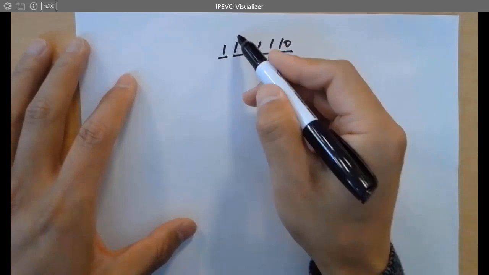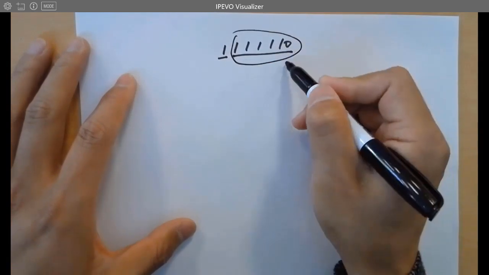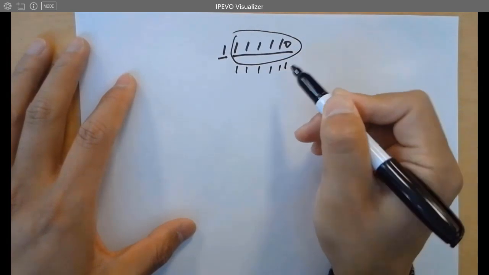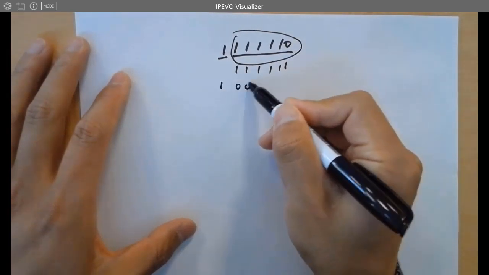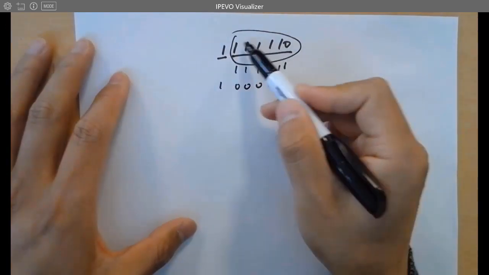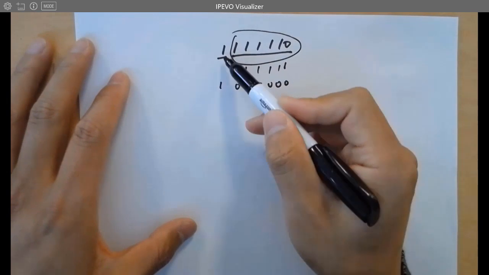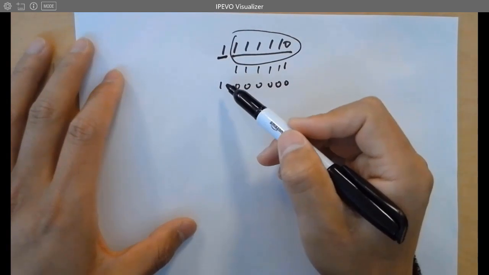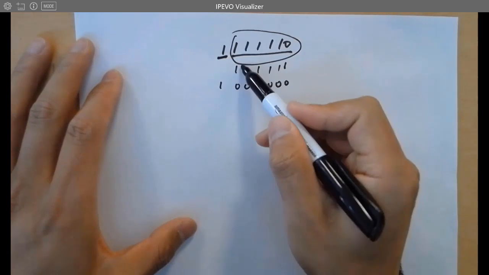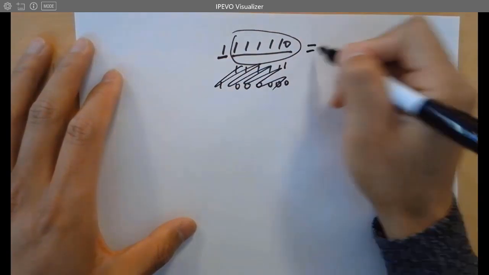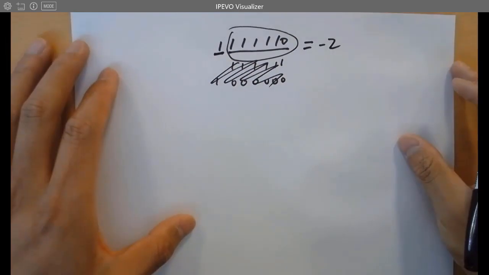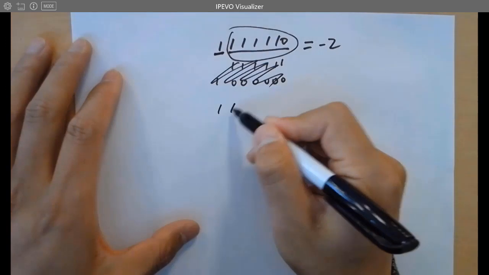If you have this number and you want to add 1, that will be 1, 1, 1, 1, 1, 1. If you add 2, it's going to be 1, 0, 0, 0, 0, 0, 0, right? So the difference between this number and this number, on the absolute value, the difference is 2. So that's why this one is actually minus 2.